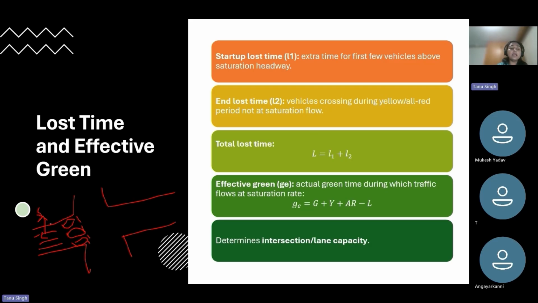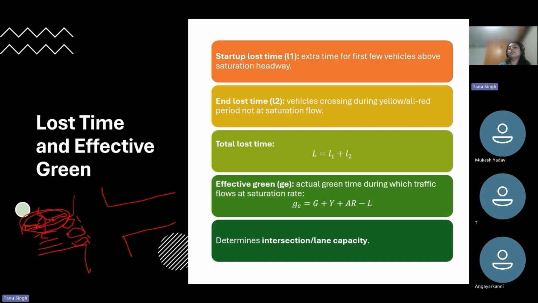At that moment the vehicles will not flow at full saturation flow. They will have more headway. So the loss that takes place at that moment, because though more vehicles can traverse the intersection, vehicles are not present, is termed the end lost time. Also some vehicles are in a dilemma whether to cross or not, and that has also been termed the end lost time.